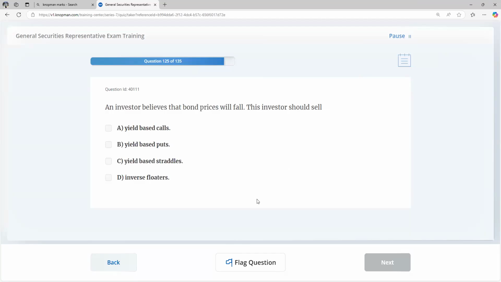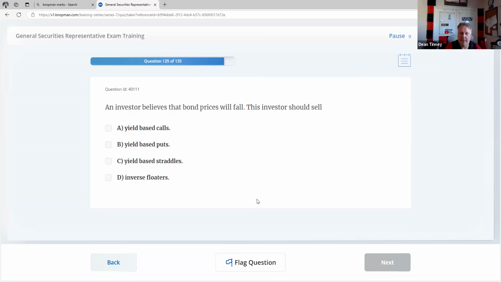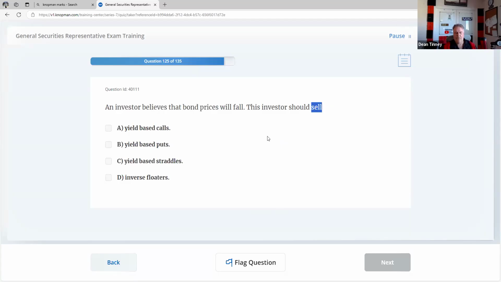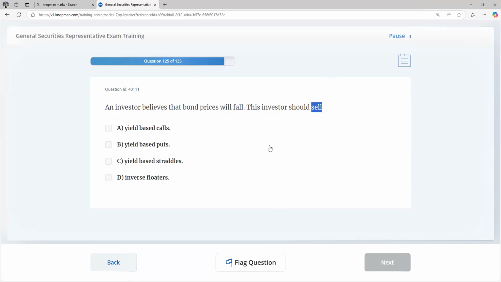So you would sell your... Right. So you have two strategies bullish on interest rates going up. You could either buy yield-based calls, or you could sell... Or you could buy yield-based calls. It says sell, so we've got to get on the opposite side. You could sell the yield-based puts. Excellent.